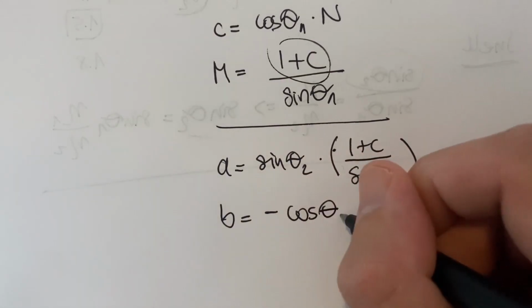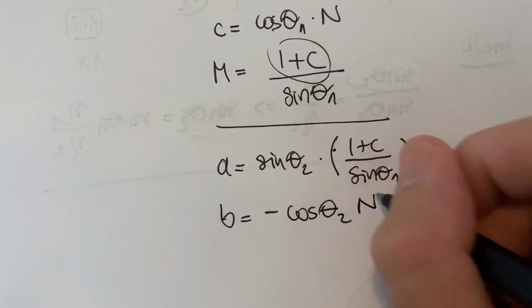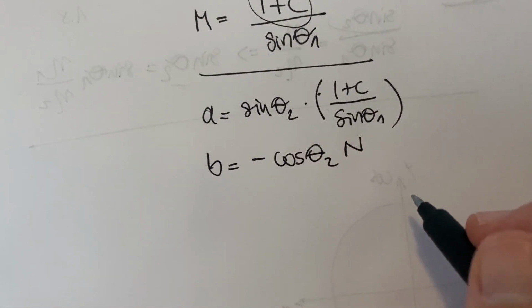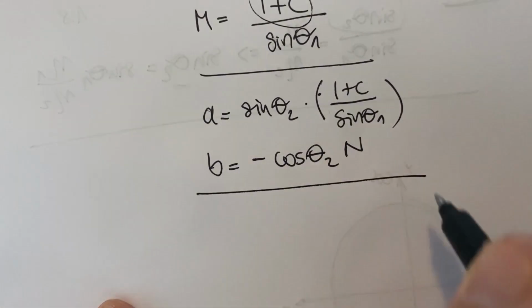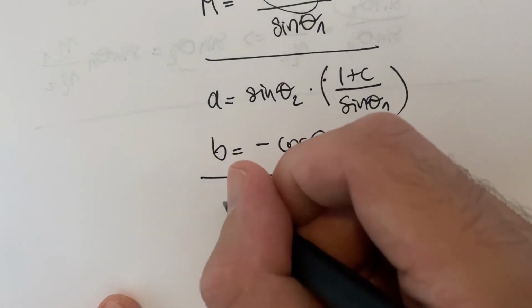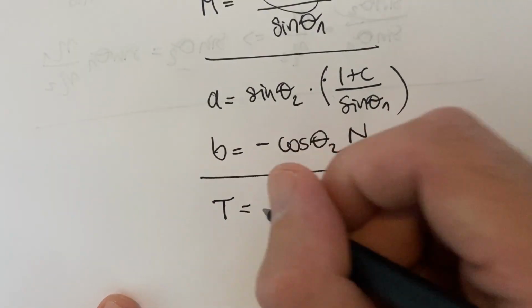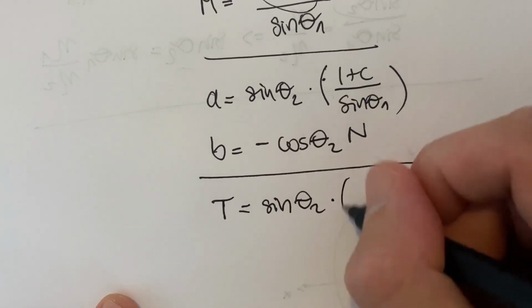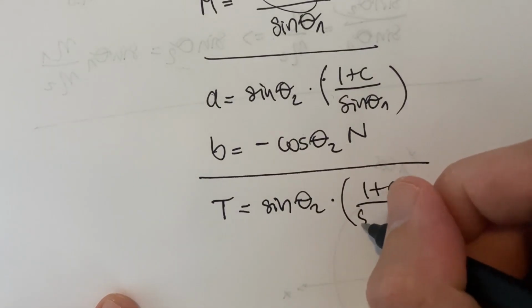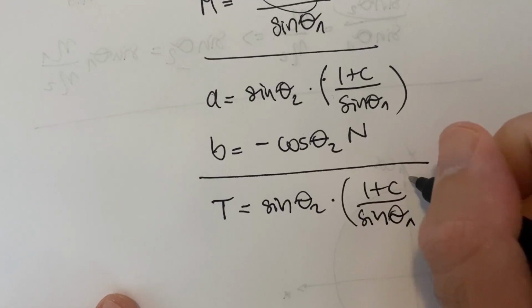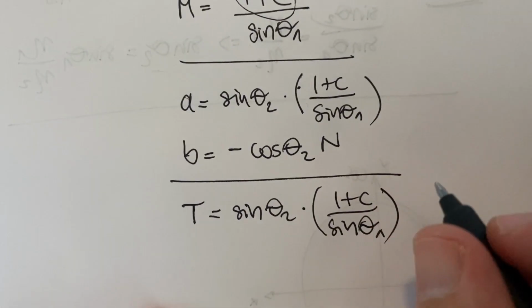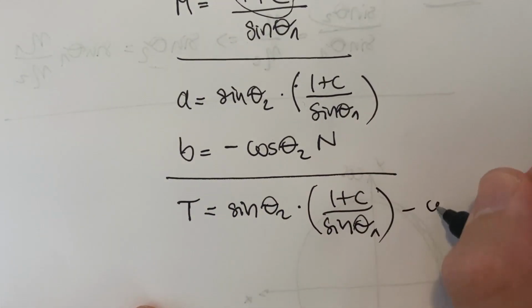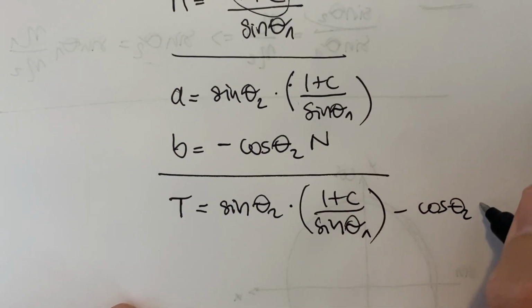I'm just copying this because we already had this calculation. Okay, a and b are there. That's good. And t was a plus b. That means that t is sine theta 2 times I plus c divided by sine theta 1, and minus cosine theta 2 m.